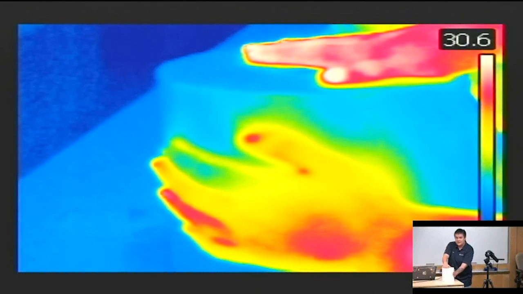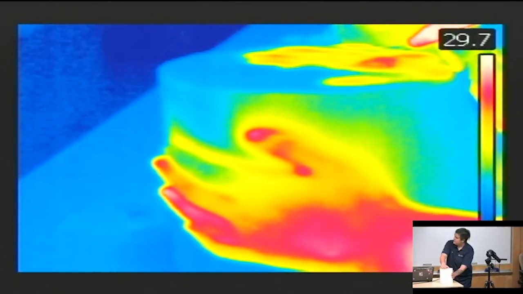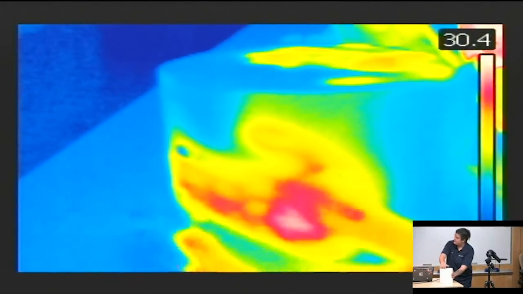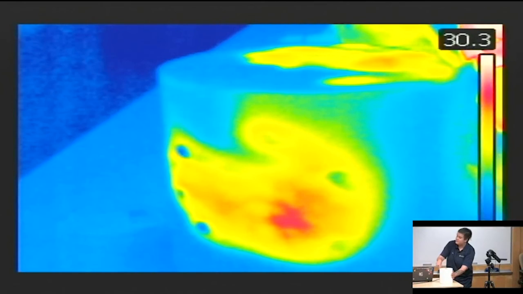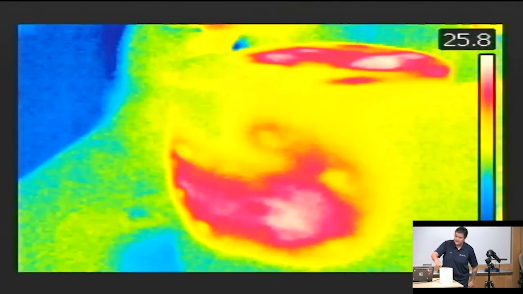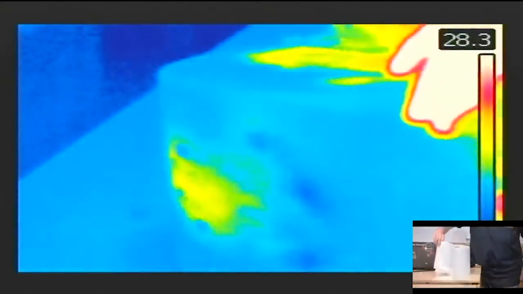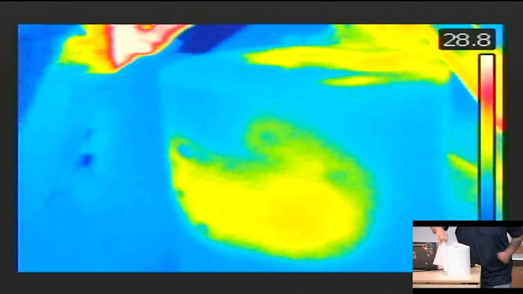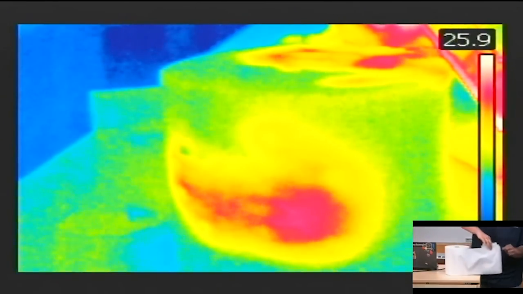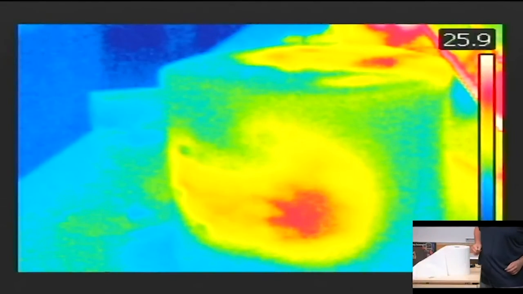Because my hand is so much warmer than the paper towels, I'm just going to use it to heat it up. Once we have that done, all right, see my handprint on top. Take my hand away, my handprint on the surface of the paper towel. I'm just going to unroll it. My handprint still there. A few layers in, still have a handprint.